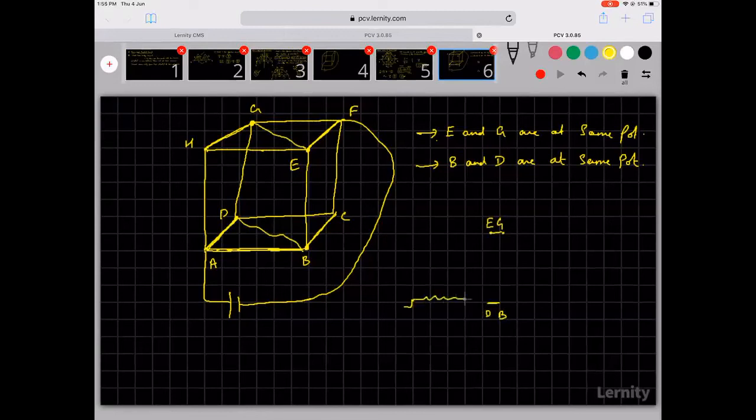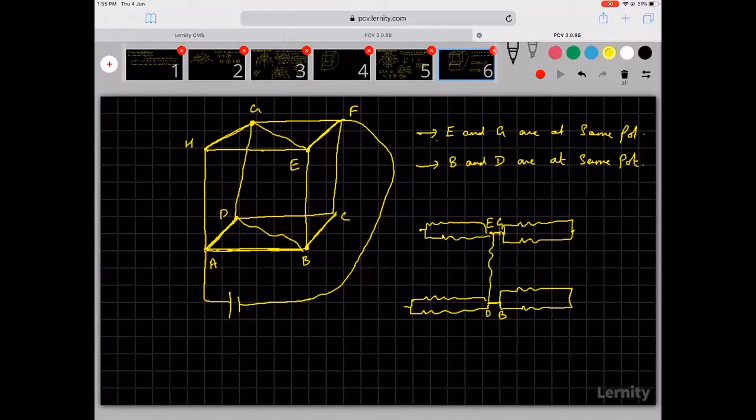So I have a wire from A to B, a wire from A to D, a wire from H to E, and H to G. On this side I have F. So I have this wire, this wire, this wire, this wire: 1, 2, 3, 4, 5, 6, 7, 8.